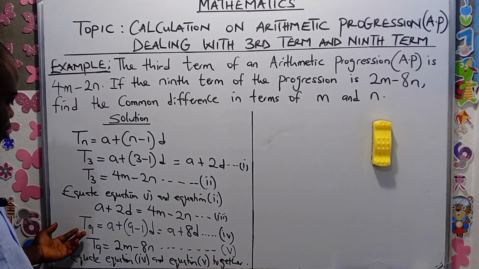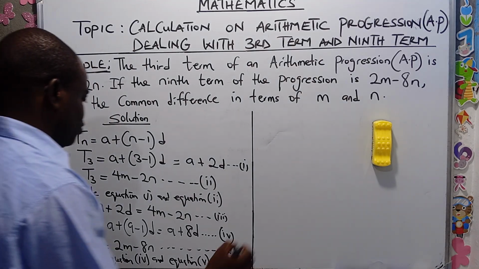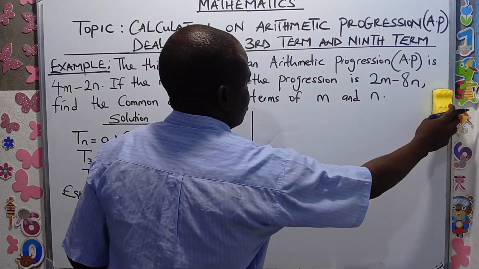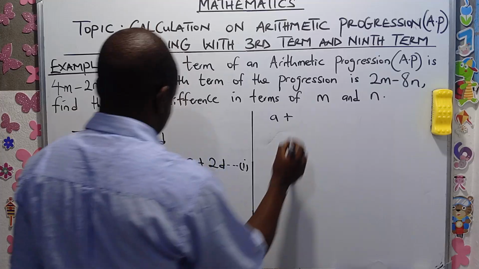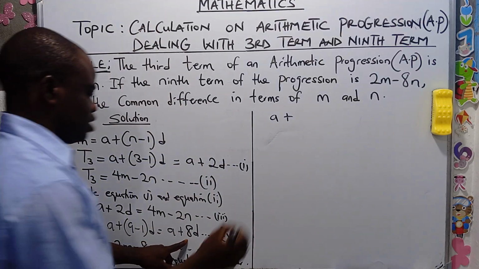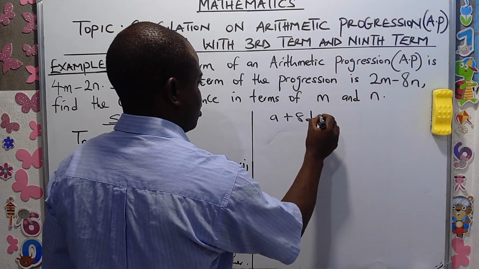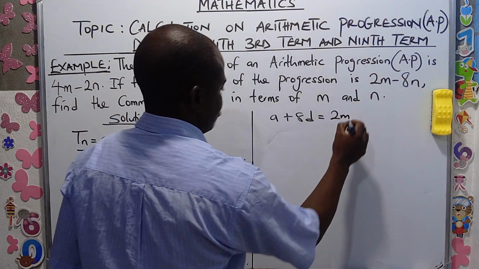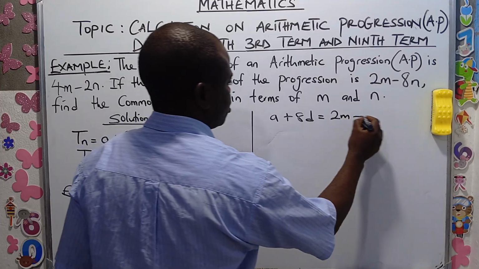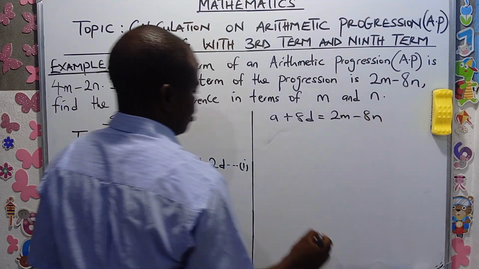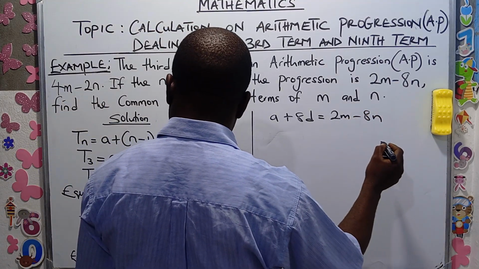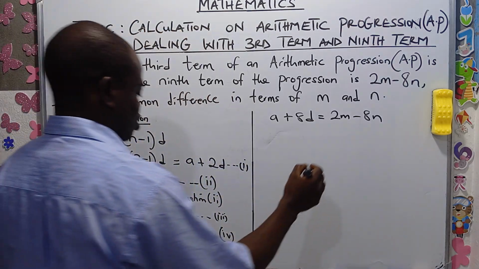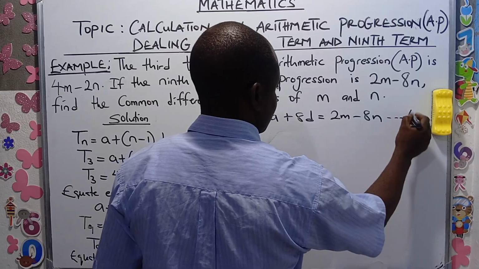We are going to equate because they are both T9. Now a plus 8d equals 2m minus 8n. Let's call this equation 6.